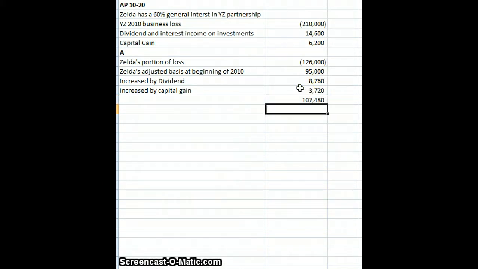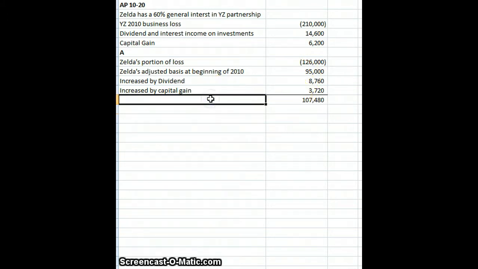So our new partnership basis is $107,480. So this is going to be our basis before loss deduction. So we can take then our loss, but we can't deduct the full $126,000.